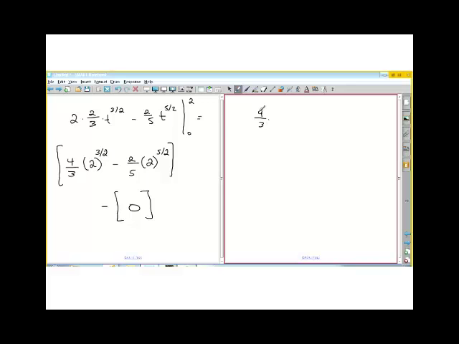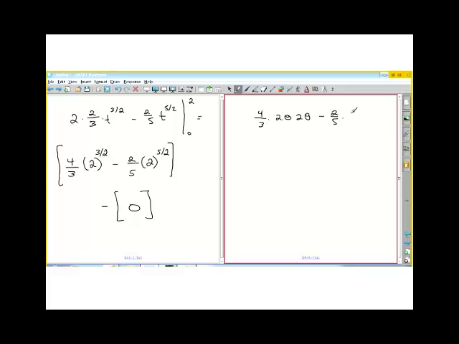Okay, so 2 raised to the 3/2 power is 2.828, which is the square root of 8. And then we subtract 2/5 times 2 to the 5/2. Make sure you put that 5/2 in parentheses.